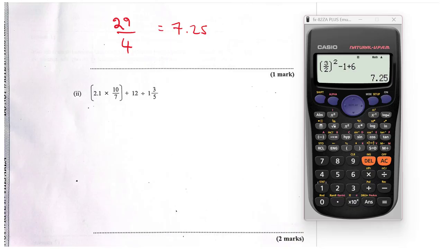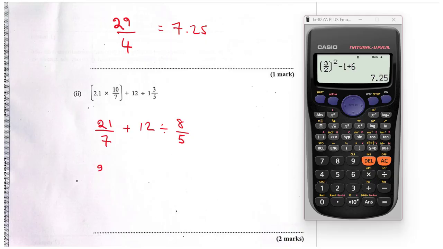So this is going to be 2.1 times 10, so that is 21 over 7. And then we have plus 12 divided by 1 3/5, so that is going to give us divided by 8 over 5. Now, we can change the division to multiplication, but we have to take the reciprocal.